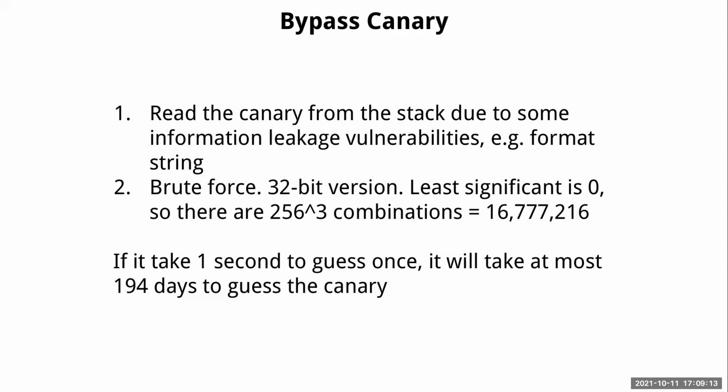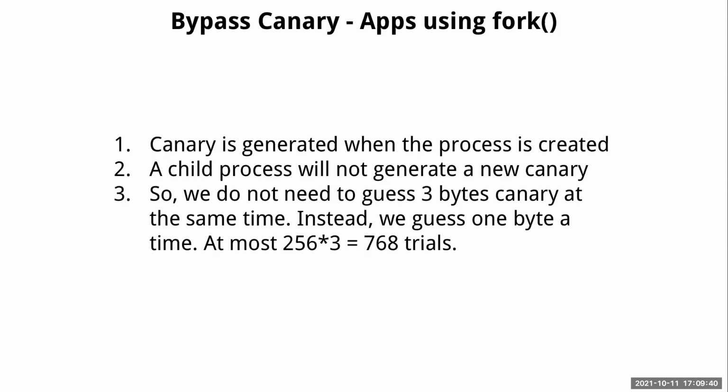There are 4 bytes, each byte we can guess 256 times, so for all 4 we will guess 1024 times at most, and then we are guaranteed to crack it. However, with the GCC we are using, there is always a byte that is 0. So we only need to guess 3 bytes, which is 768 times.